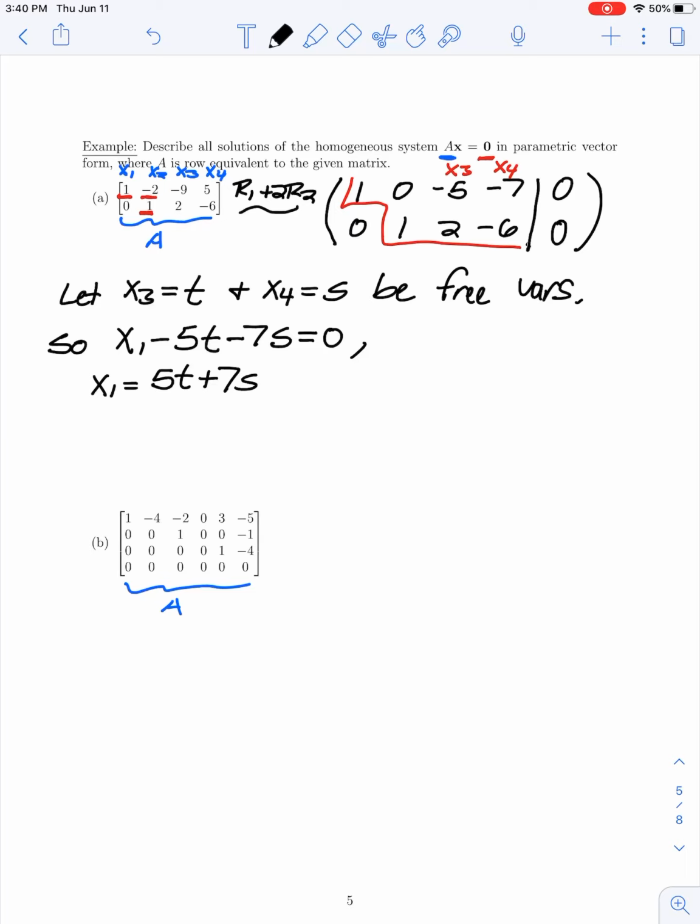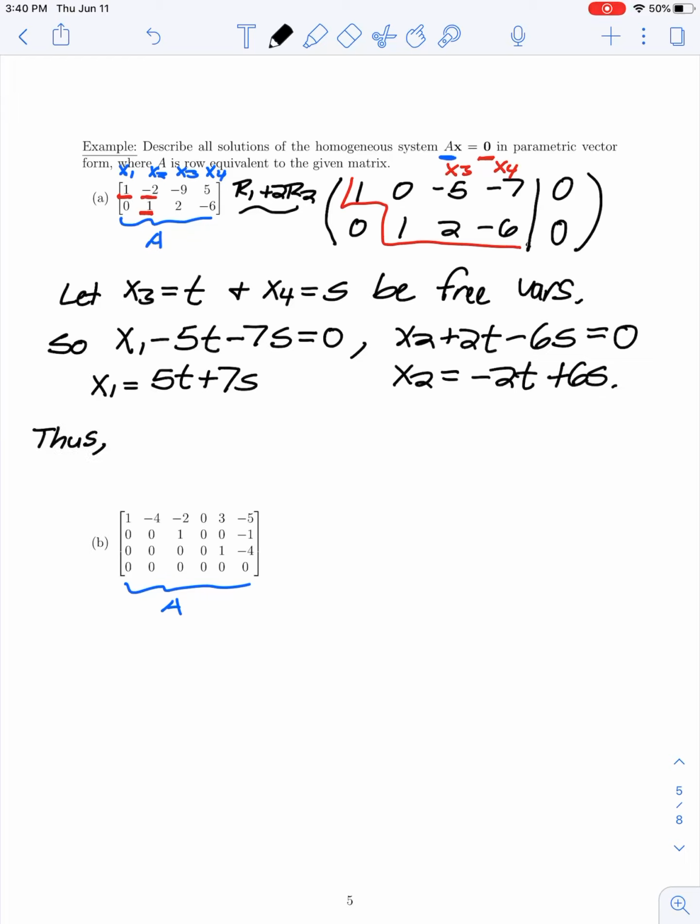And our second equation, our second row in equation form, says 1x2 plus 2 times x3, which was t, minus 6 times x4, which we let be s, is 0, or x2 is -2t plus 6s.